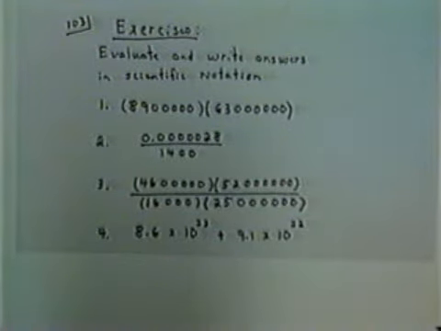The second, 0.0000028 divided by 1400. The third one, 46 with 5 zeros times 52 with 6 zeros divided by 16 with 3 zeros times 25 with 6 zeros.